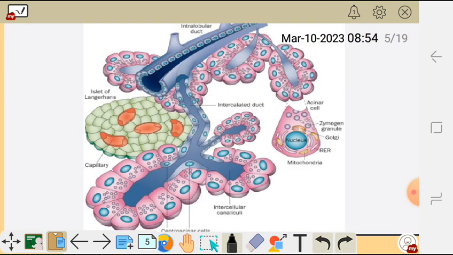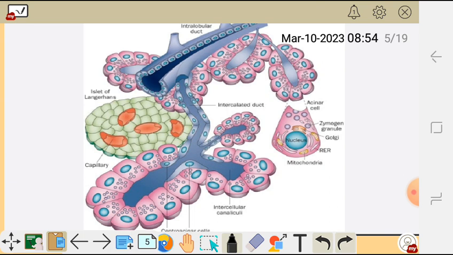So here we have the acini cells of the pancreas, which are connected by the intercalated duct, which connects to the main pancreatic duct, which is the duct of Weisag.